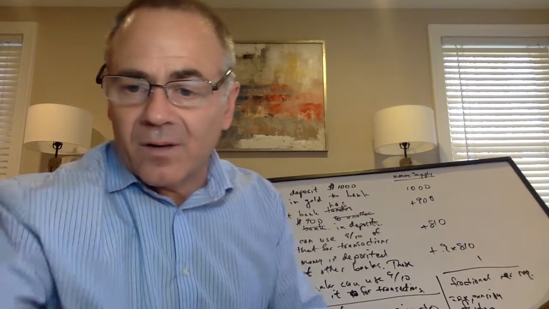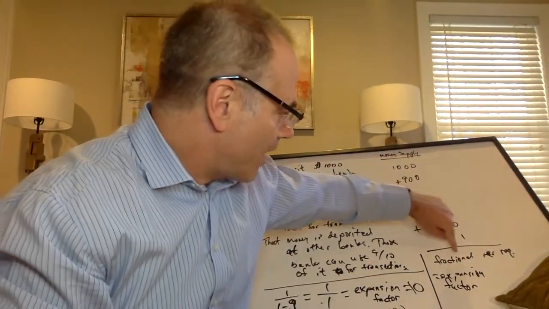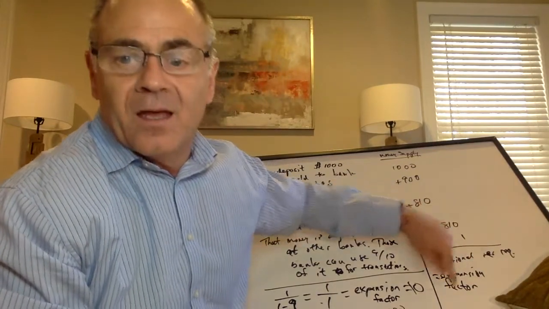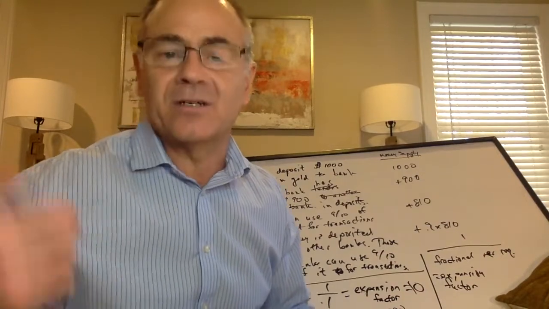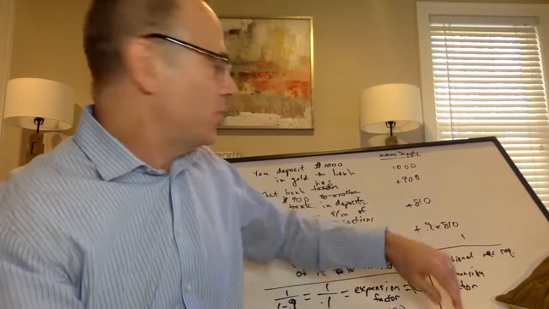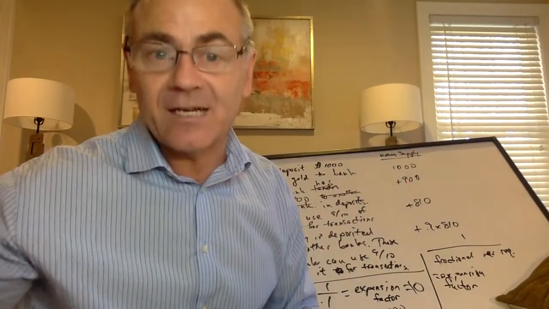Sorry, my handwriting is probably not that good. So you take 1 over the fractional reserve requirement. That number equals the expansion factor. Take the expansion factor, multiply it by the original amount of money. That's how much the total money supply is.